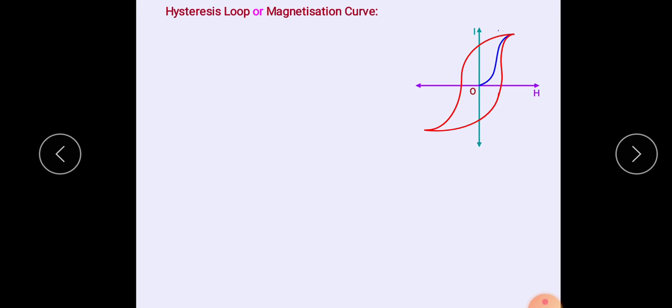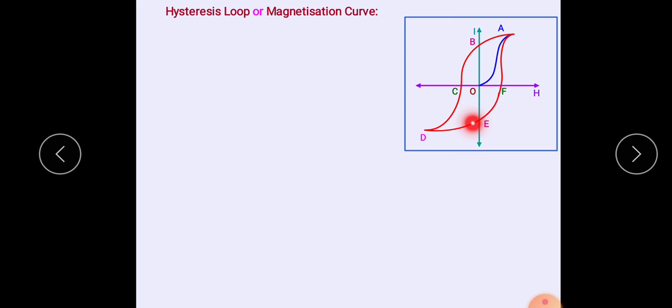And after that, when we increase the magnetizing field, the intensity of magnetization keeps on decreasing. At this point E, the magnetizing field is 0, but still magnetization remains in the sample.